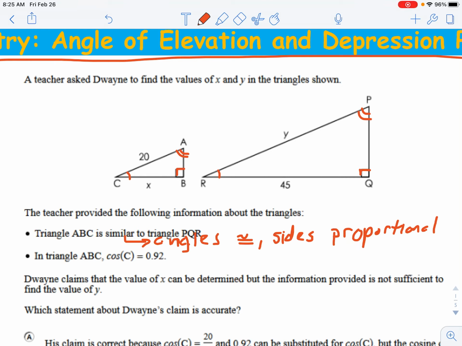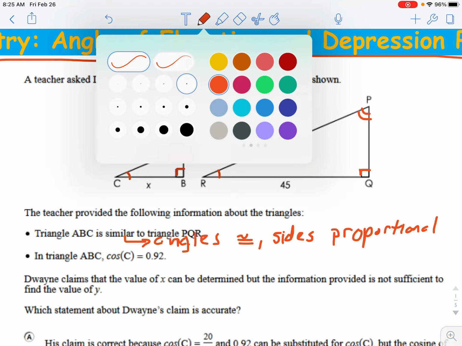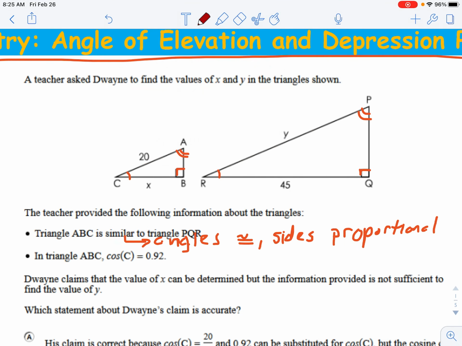All right. Then they also say cosine of angle C. Cosine of angle C, well, naturally, that's just x over 20, because that's adjacent over hypotenuse. That equals 0.92. So whatever x is, it makes the ratio 0.92.